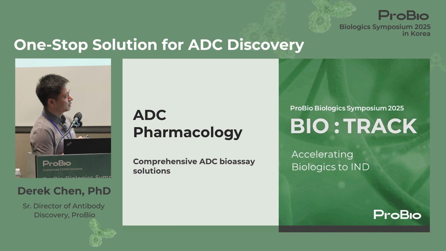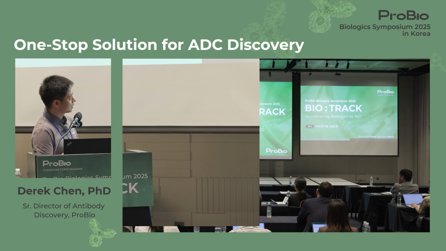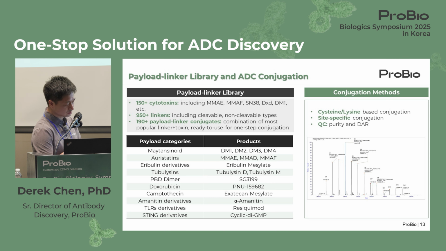Once the naked antibody is determined, the candidate is determined, we'll move on to the ADC pharmacology, starting with payload linker conjugations. As I mentioned at the very beginning, the selection of the payload and the linker has to be made based on the MOAs. ProBio offers a large library, including more than 150 cytotoxins and more than 950 linkers to select from, to choose the right combinations for the ADCs.